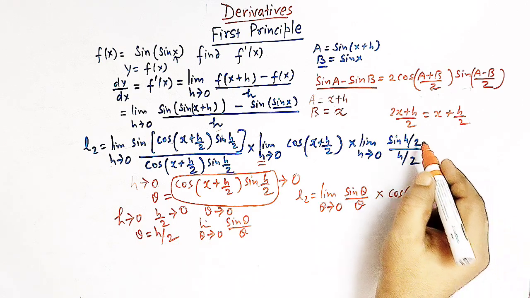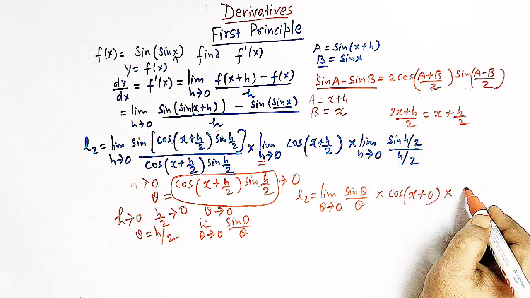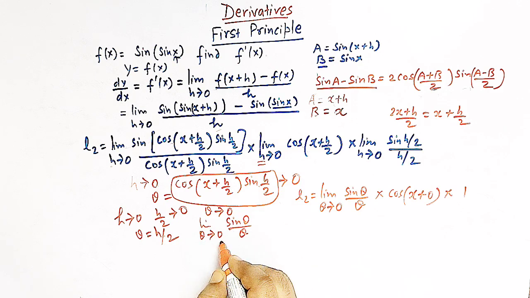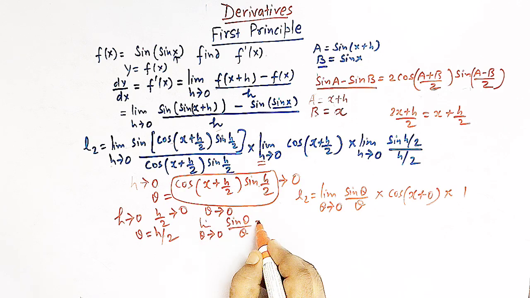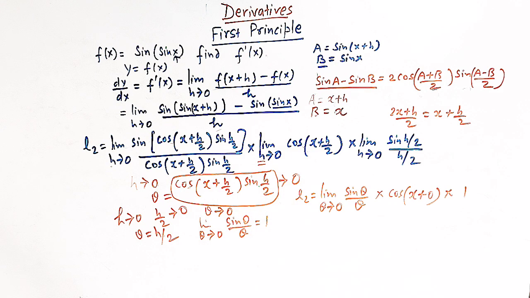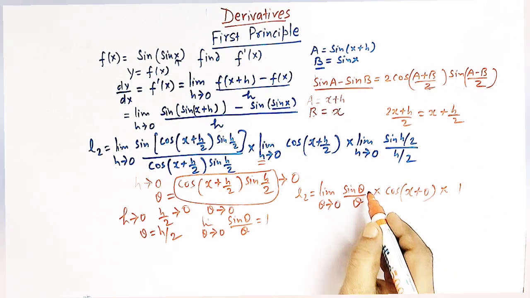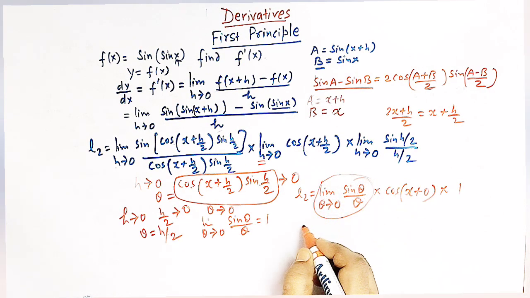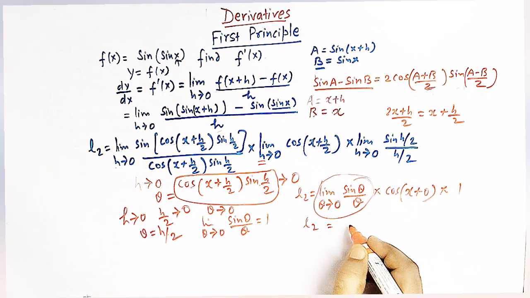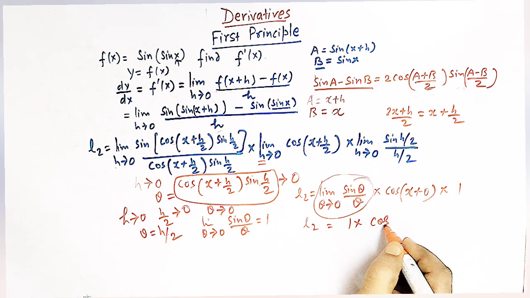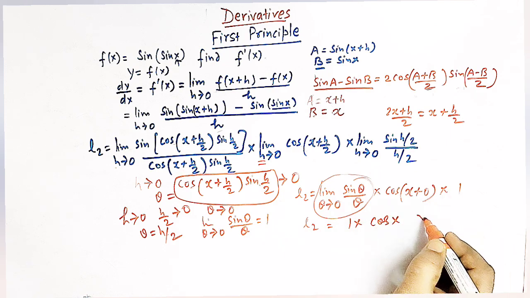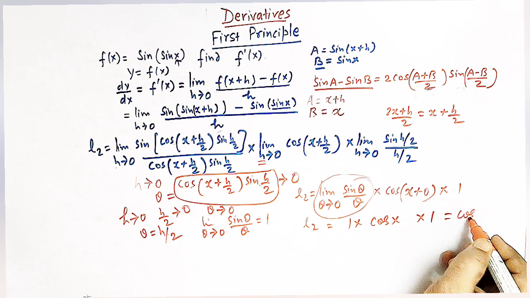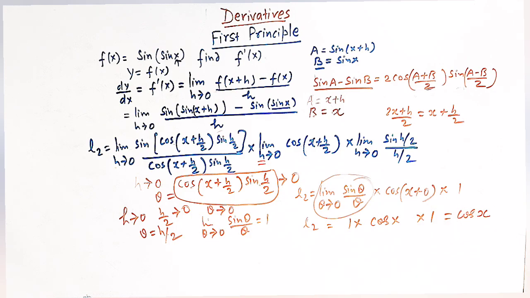So here the value of this limit is equal to 1, because limit theta tends to 0 sine theta over theta is equal to 1. So now this limit is equal to 1. So we have L2 is equal to 1 times cosine of x times 1. So this is equal to cosine x.